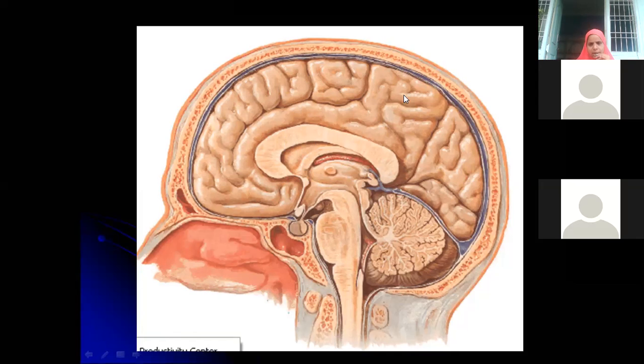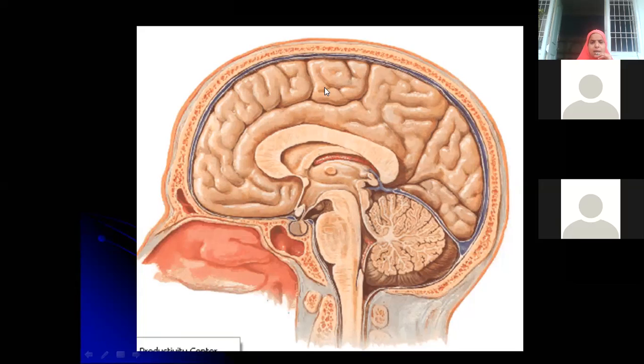Now, just to get orientation of the parts of the brain, this area is thalamus. And this area between the two thalami is nothing but the third ventricle. Below thalamus, this area is hypothalamus, below which this gland is the pituitary gland. Because the picture is good, I'm trying to help you with everything. This is the frontal air sinus.